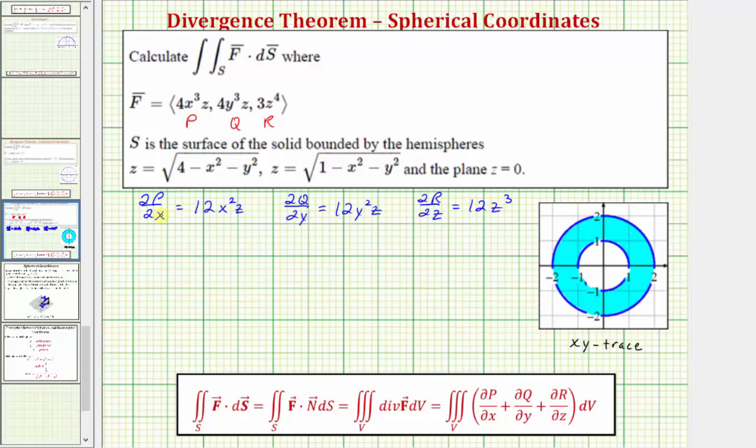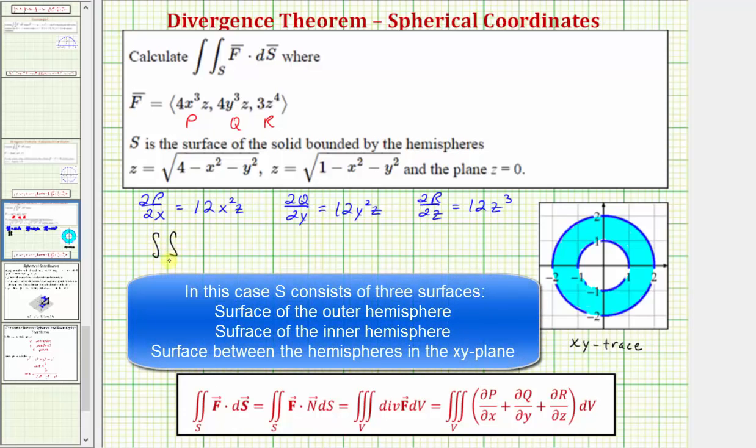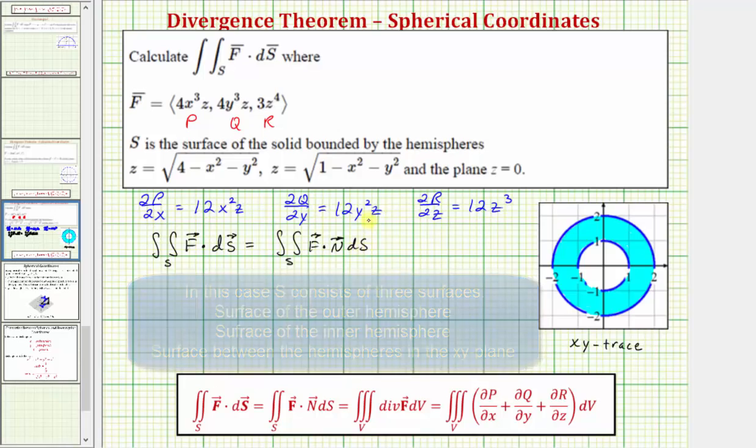Which means the given flux integral, often expressed in this form here as well, the double integral over the surface S of F dot n dS, where this dS represents a small change in vector area, and this dS represents a small change in surface area.